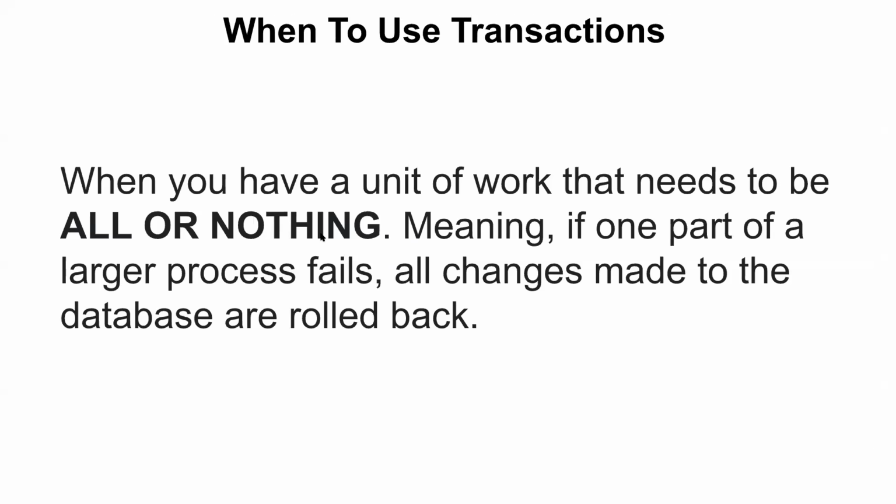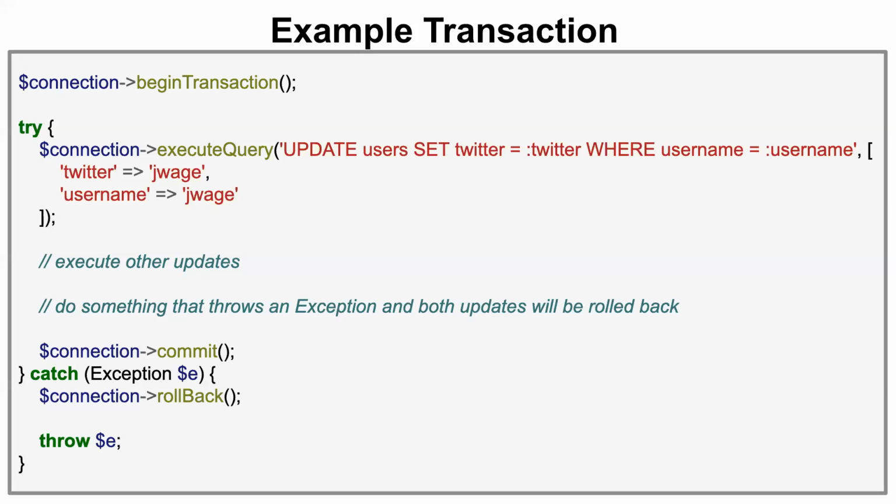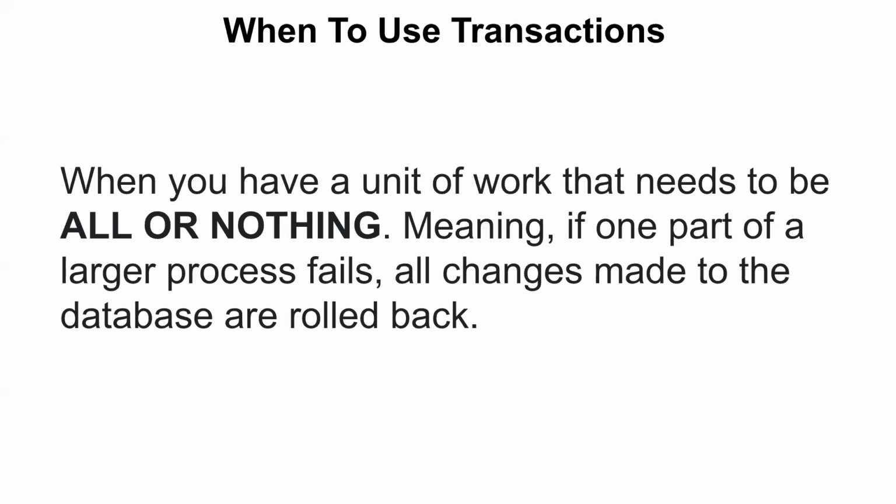So transactions. Usually when you execute migrations, each migration version is wrapped in one transaction. There's a new feature that was added to Doctrine Migrations 2.0 called All or Nothing. Actually, let me step back.